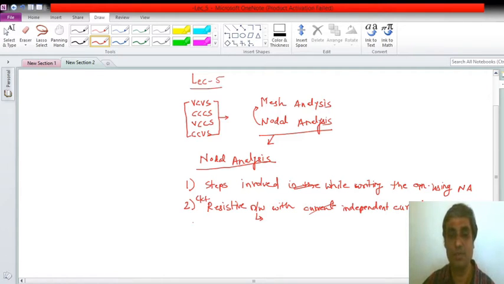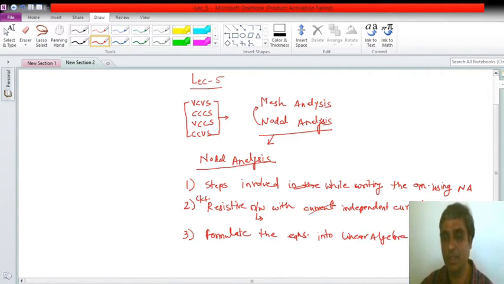Then once I know how to write the equations using nodal analysis for the resistive network having independent current sources, next I will try to formulate the equations into a linear algebra problem.